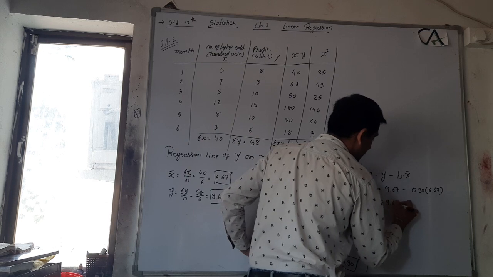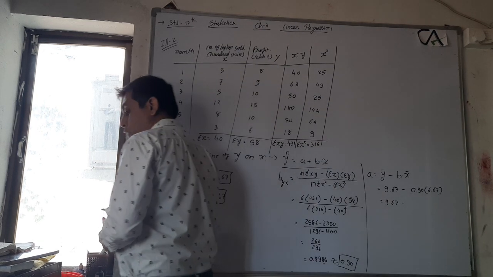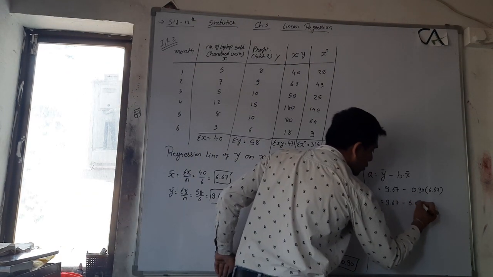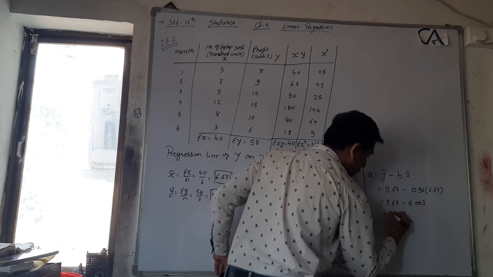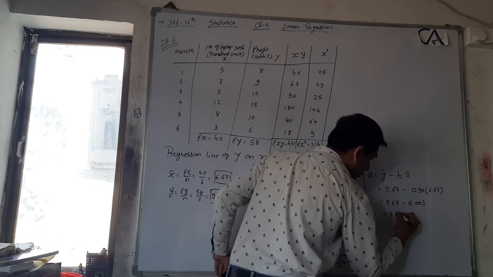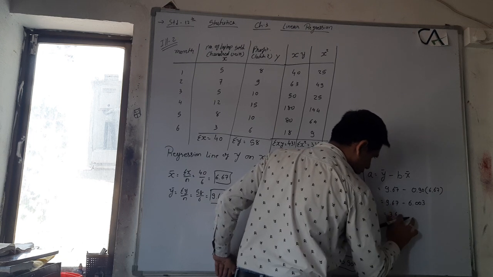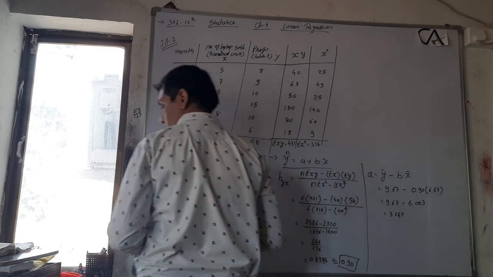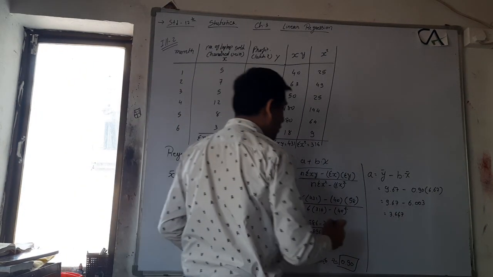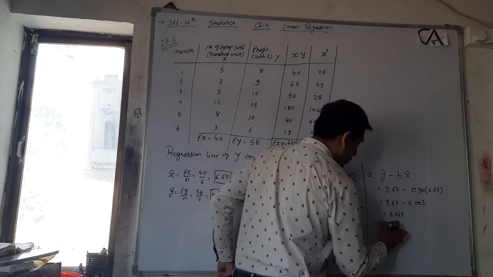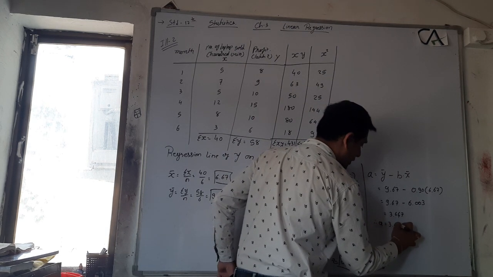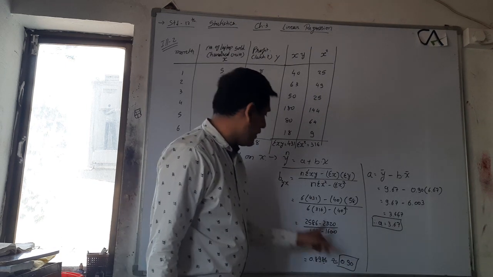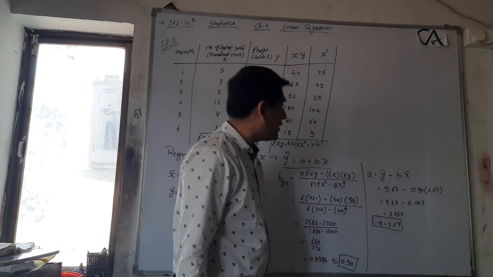So 9.67 minus 0.90 into 6.67 is equal to 6.003, which is equal to 3.667. Therefore, we write that A is equal to 3.67 approximate value. B by x is equal to 0.90. A is equal to 3.67.